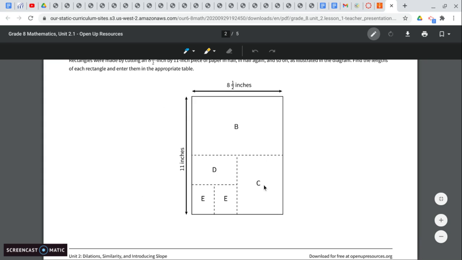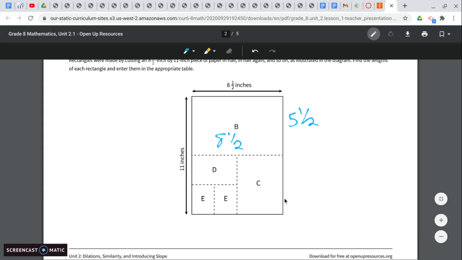So if we think about C, the dimensions of C, so we take our 8.5 by 11 and we cut it in half. So we cut the 11 inches in half to get the dimensions of our B. So B here, 11 divided by 2 would be 5.5, and then it's still by 8.5 here.